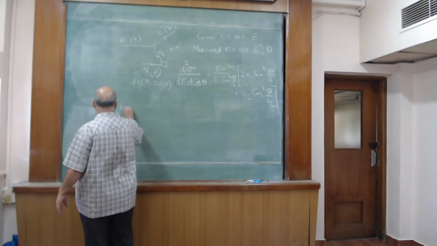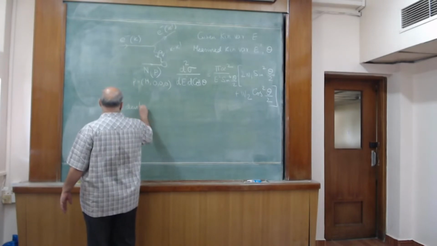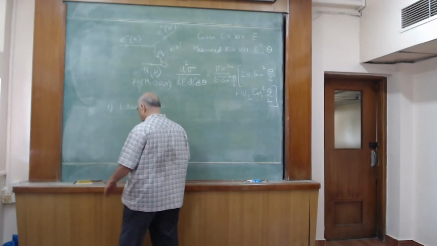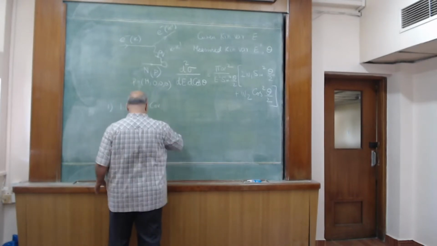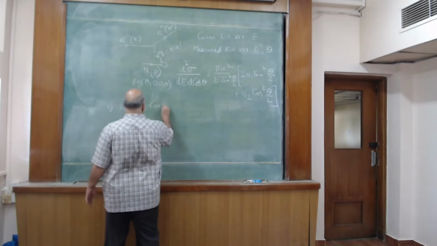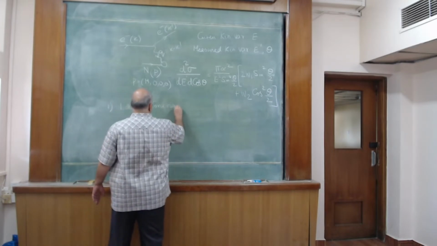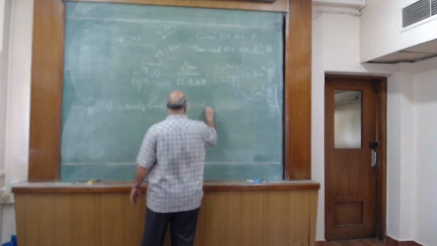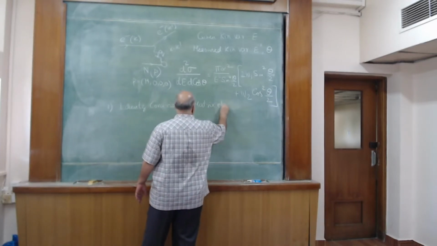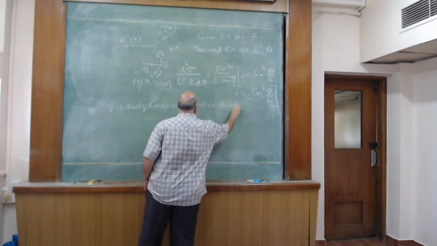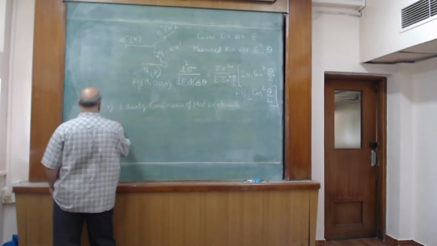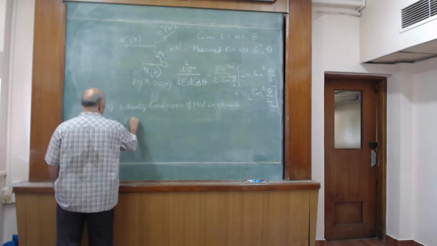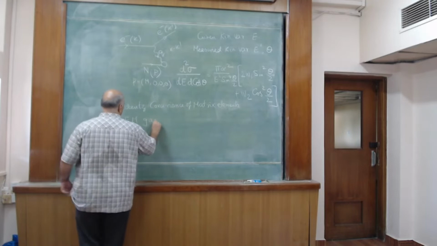One is the Lorentz covariance of matrix elements, and second is the electromagnetic gauge invariance.